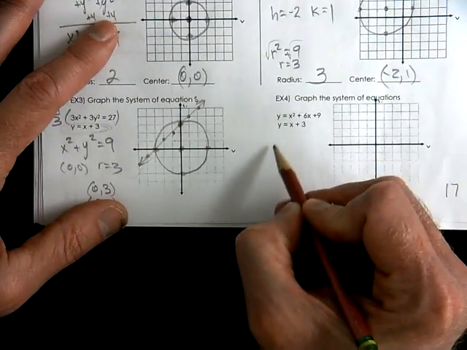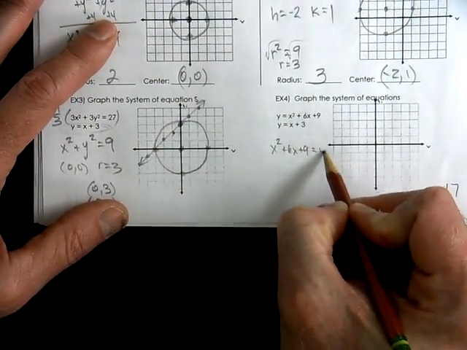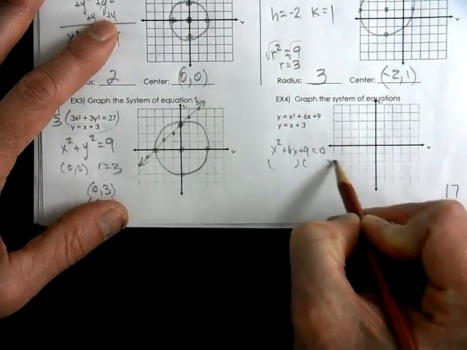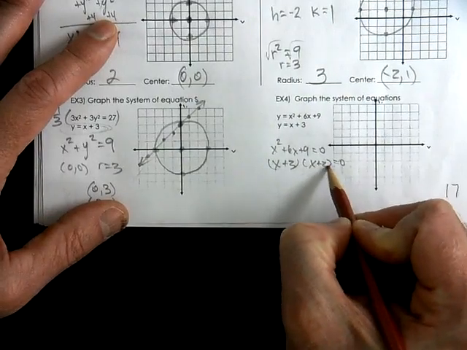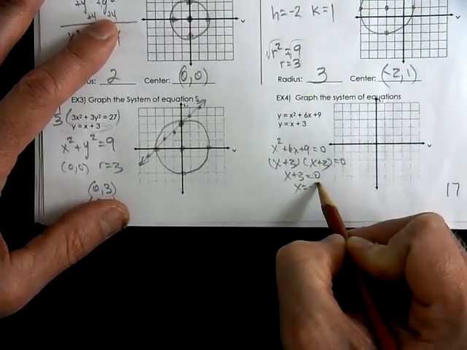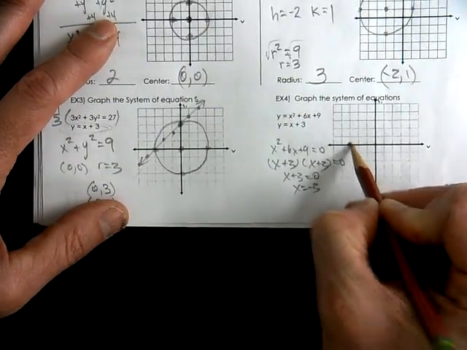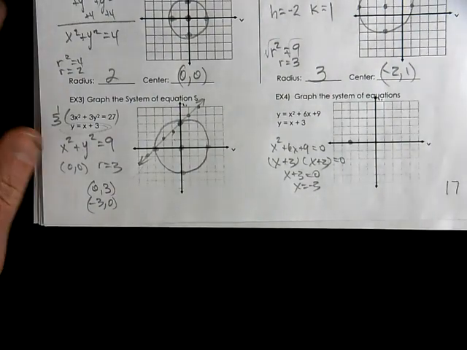You could also take what you have, set it equal to 0, factor it. Set those factors equal to 0 and find out that it touches the x-axis at exactly one spot. If it only touches at exactly one spot, then that has to be the vertex.